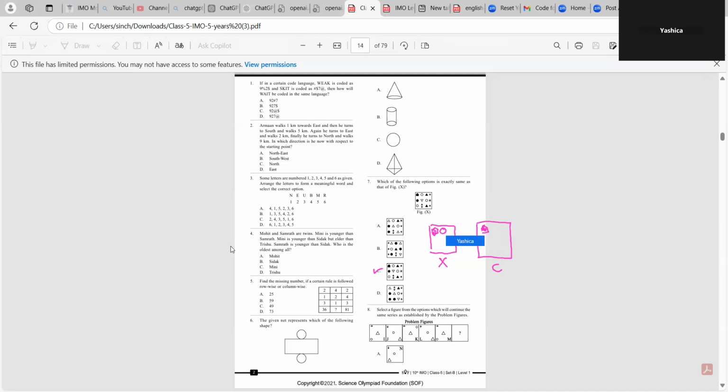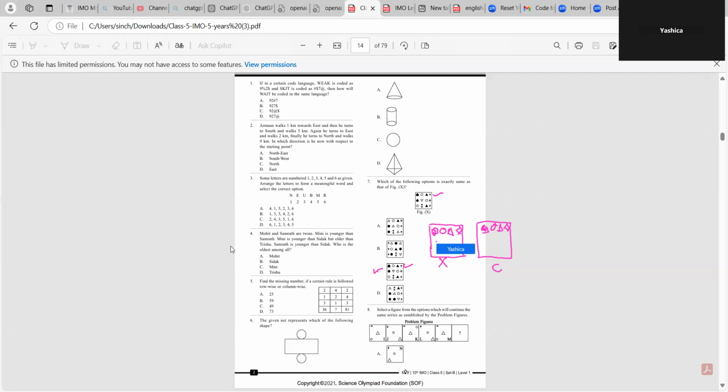Second is the circle which is there in both of them. Third is the triangle which is there in both of them. Then is the diamond shape which is also in both of them. So the first row is the same.